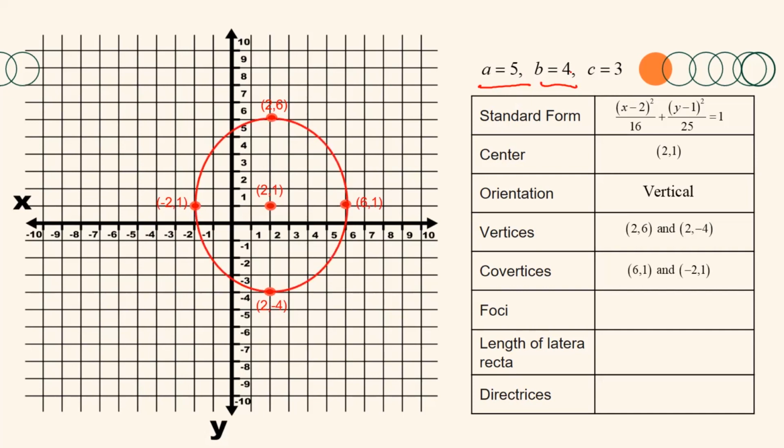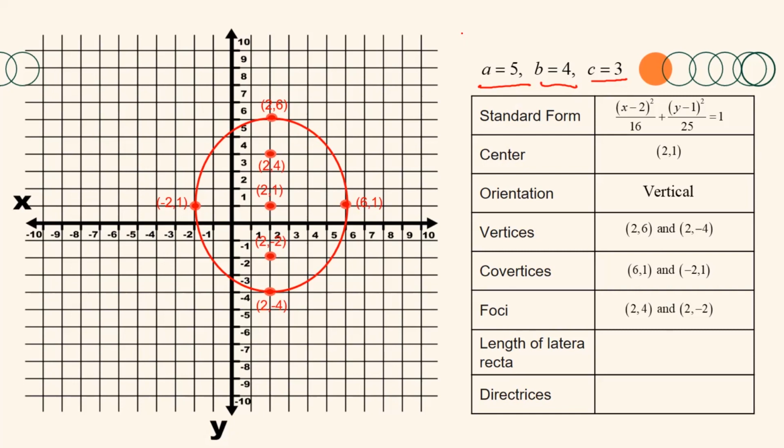The foci are collinear with the vertices. Therefore, they are also above and below the center, which are 3 units away from it, since c is equal to 3. Thus, the foci are the points 2, 4 and 2, negative 2.